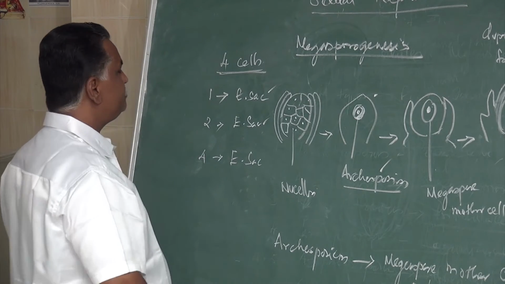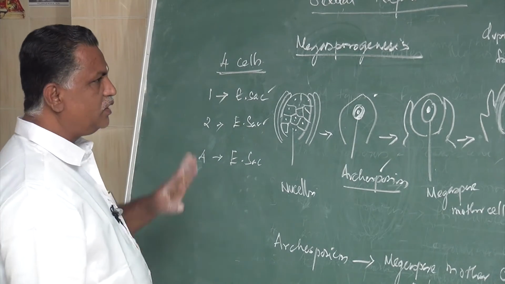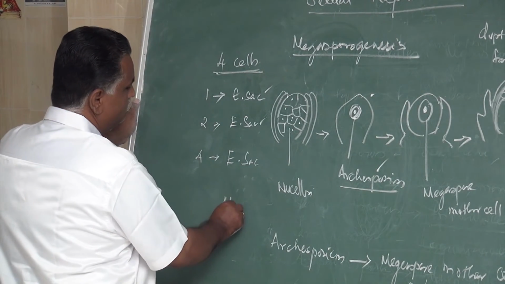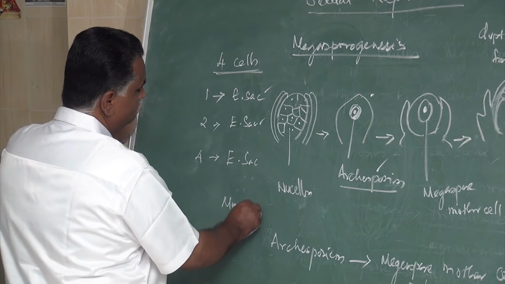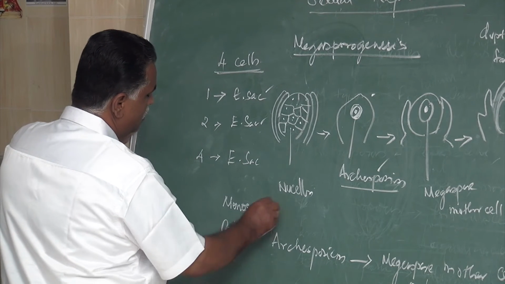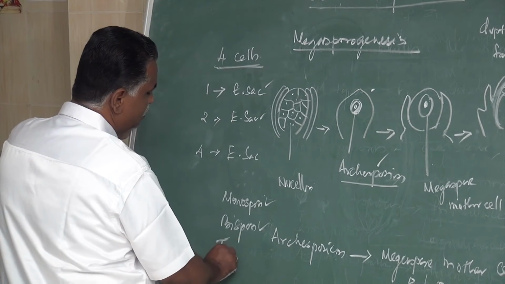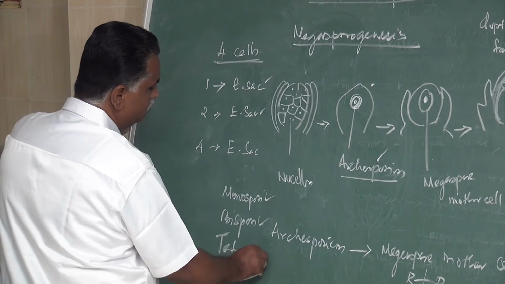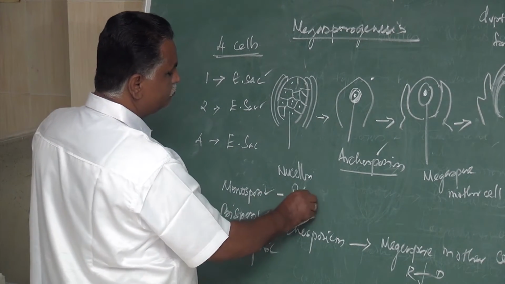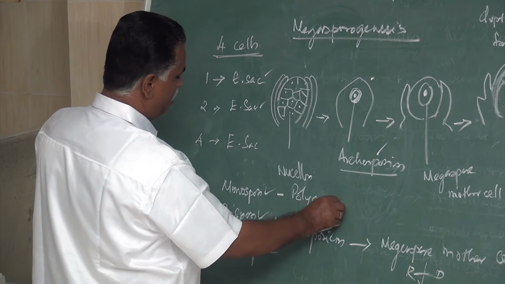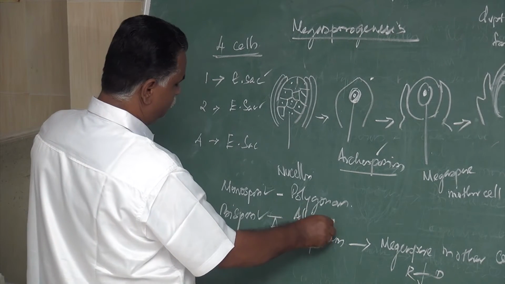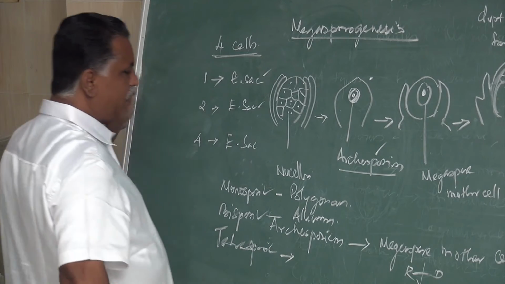So based on that, there are 3 types of embryo sac: monosporic, bisporic, and polysporic, or tetrasporic. Monosporic embryo sac is found in Polygonum, bisporic embryo sac is found in Allium, and tetrasporic embryo sac is found in Peperomia.